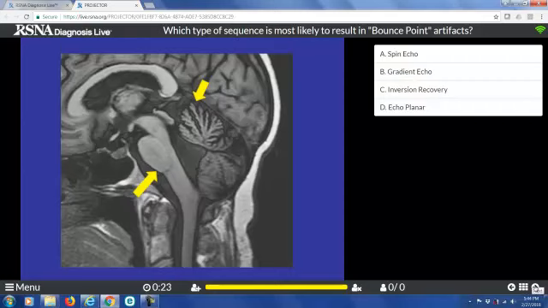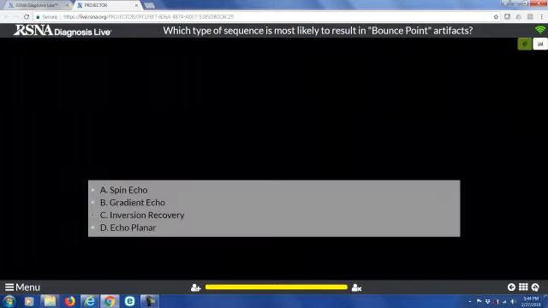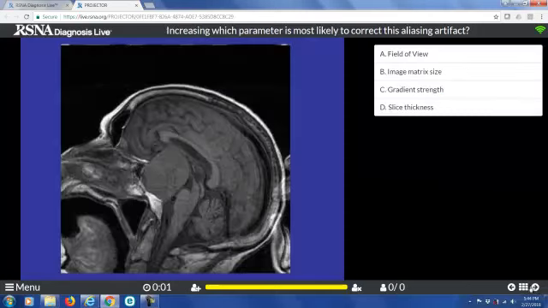While you ponder that, just pause your videos until you have the answers. And the correct answer is it's always inversion recovery. As the magnetization decays and goes through the zero value, that is the bounce point that you have, and you will only see it in inversion recovery.